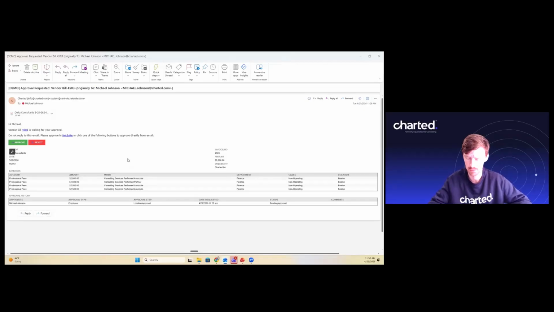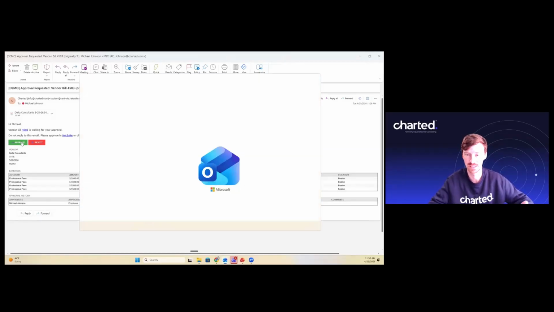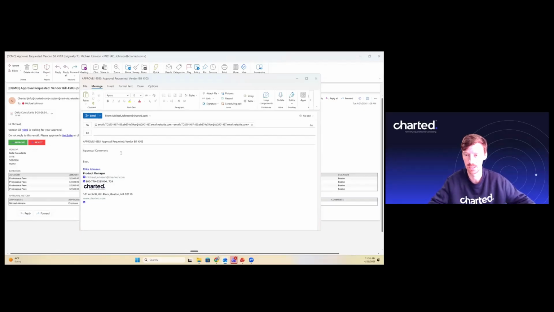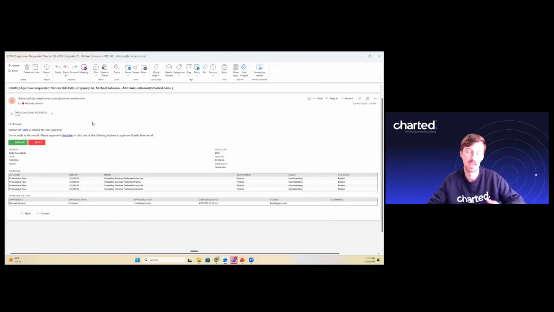Another nice thing about our approvals is you are able to approve this without the need for a NetSuite license or even access to NetSuite. So if I want to approve this, I can easily just click the approve button or the reject button, enter a quick comment if I'd like to, and send that back into the system. That'll capture my approval or my rejection if I decide to reject it, and move it through the additional steps.